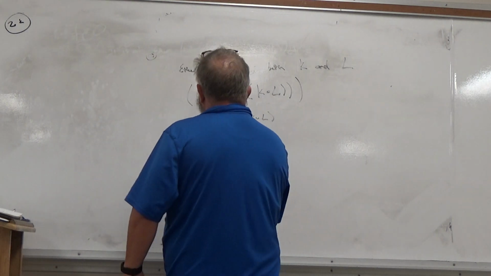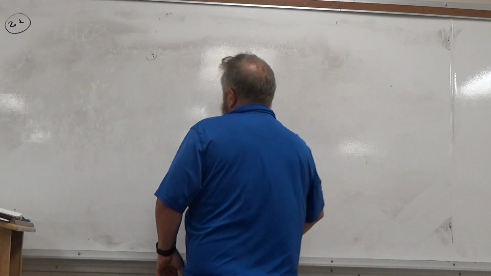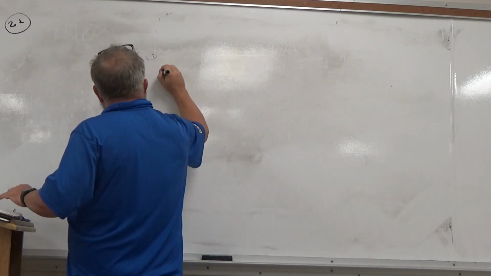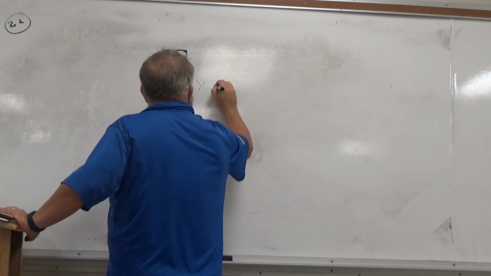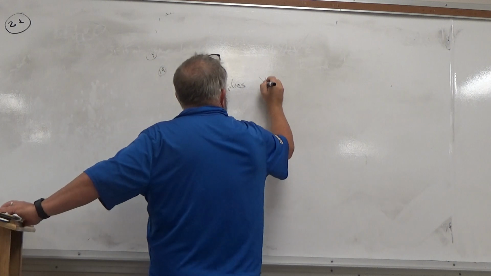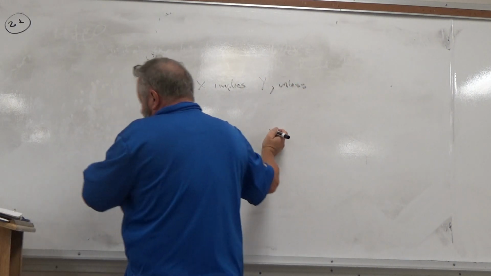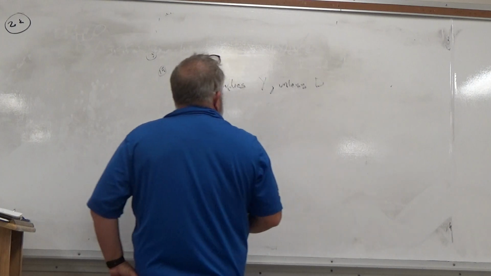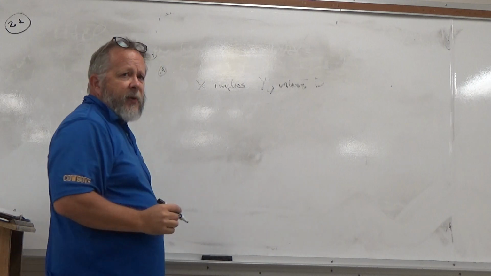19, the last one here. 19, and we have X implies Y, comma, unless D. Okay, comma, unless tells me that this is the main logical operator.